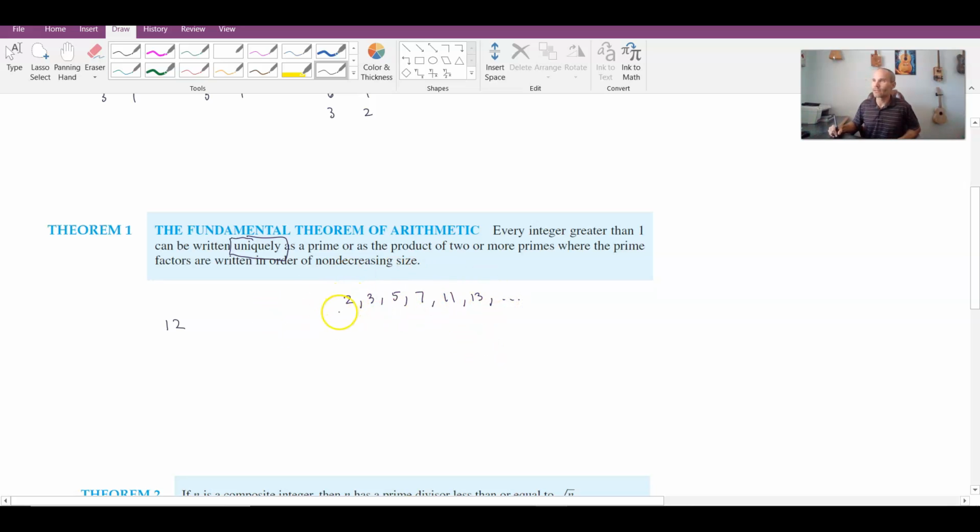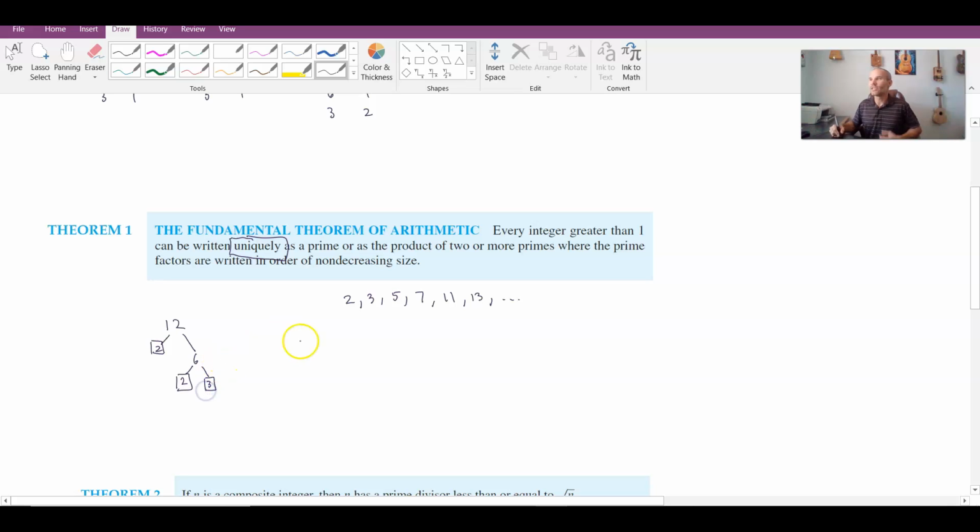The first thing I can do to create this factorization is begin by dividing by 2. So over here I have one factor of 2 and one factor of 6. The 2 is already a prime, and that cannot be decomposed further. 6, however, can be rewritten as the product of two primes, 2 and 3.